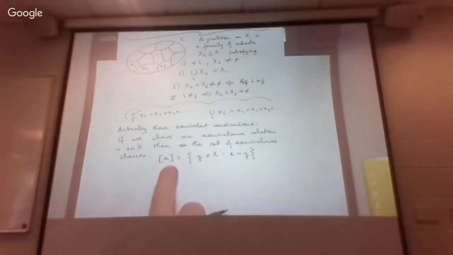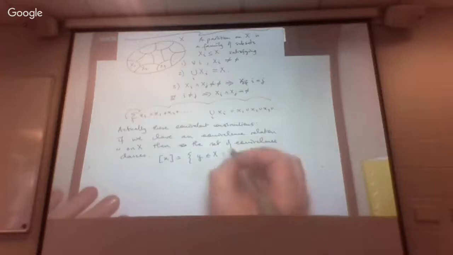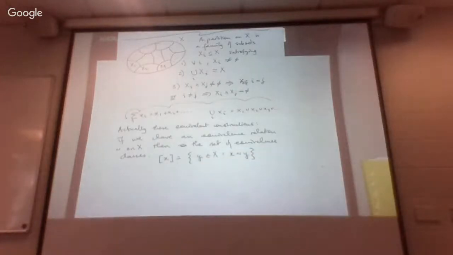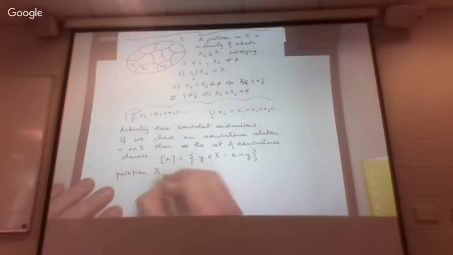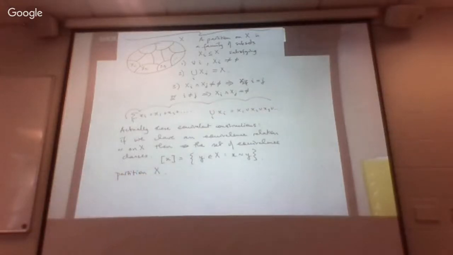These are what the equivalence classes are. The set of equivalence classes, we collect together all the equivalence classes, they partition X. So if you've got an equivalence relation, you immediately have a natural partition associated to it. It's the partition formed by the equivalence classes.